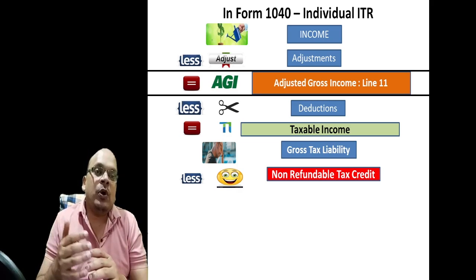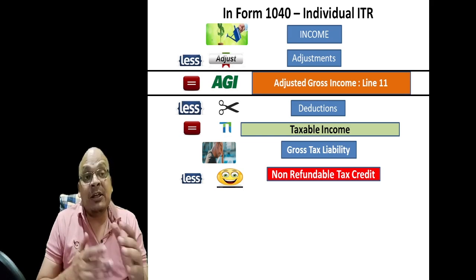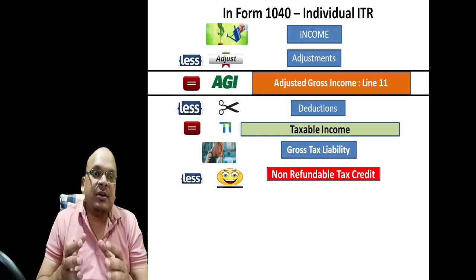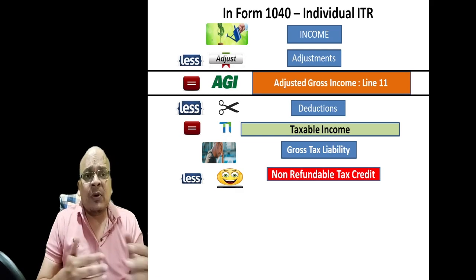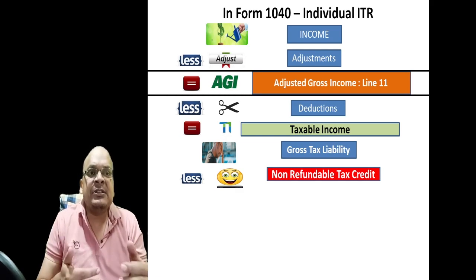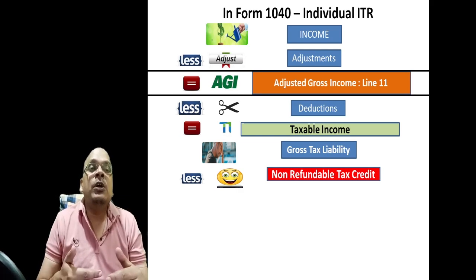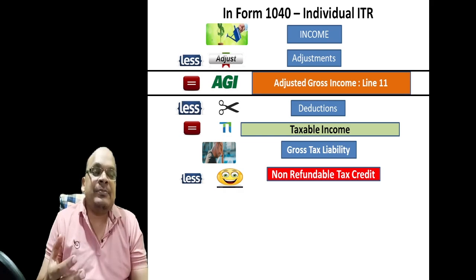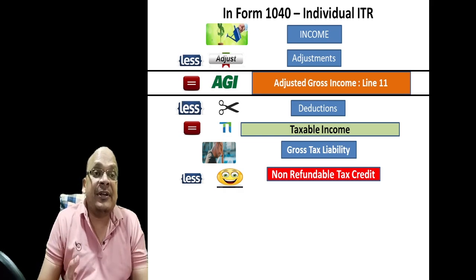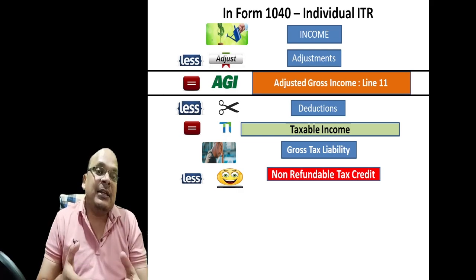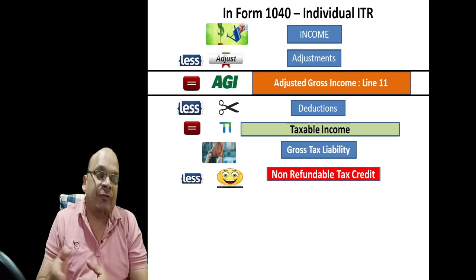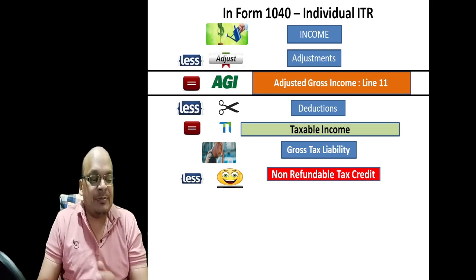In the part 1 video, I have talked about the basic concepts and nature of 3 items: refundable credits, non-refundable credits, and the payments. I'm not going to have a detailed discussion over the credits again right now in this video. So if you are not clear about the nature, concept, and differences of the credits, kindly have a look at the part 1 video that is specifically on this concept, right?